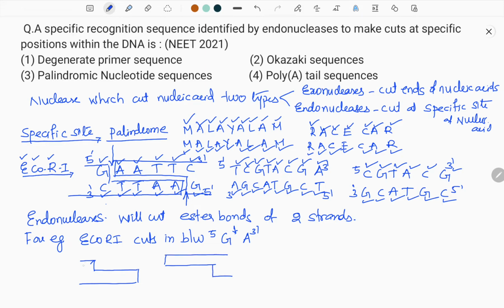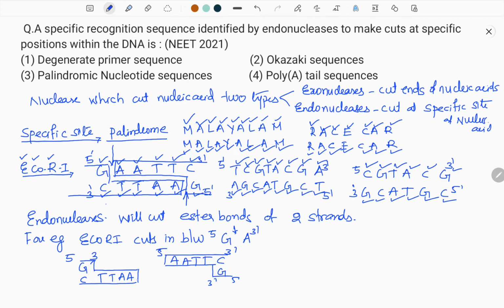Here, if you see, the 5' end G, C, T, T, A, and here you see A, T, T, C, G. So this is 5' to 3', and this also is 5' to 3'.